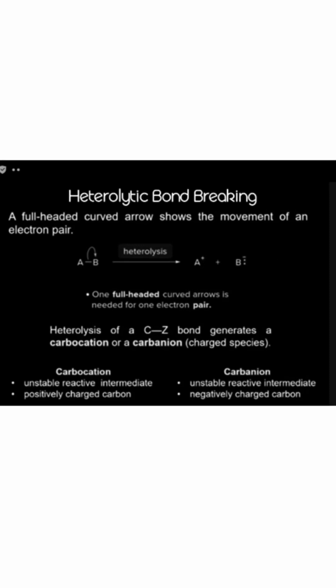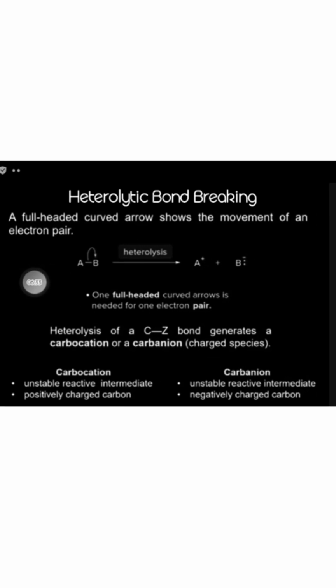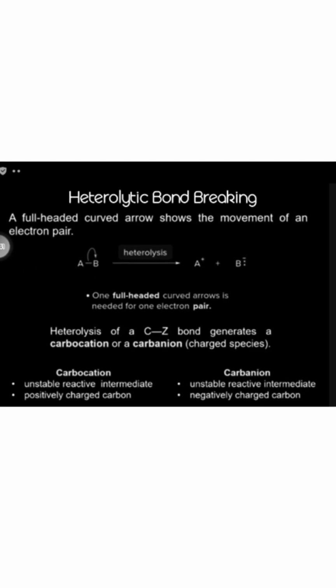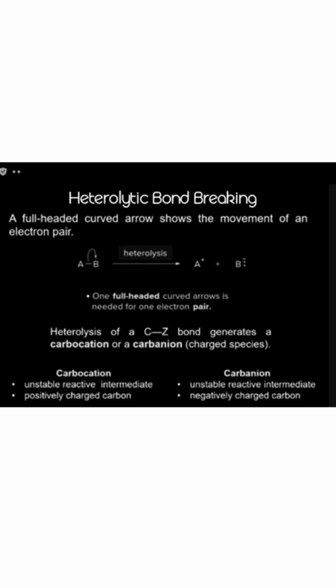So let's come towards heterolytic bond cleavage and how we can represent it. We can represent heterolytic bond breaking by a full-headed curved arrow. This is the most important point, that we can represent heterolytic bond cleavage by a full-headed curved arrow.